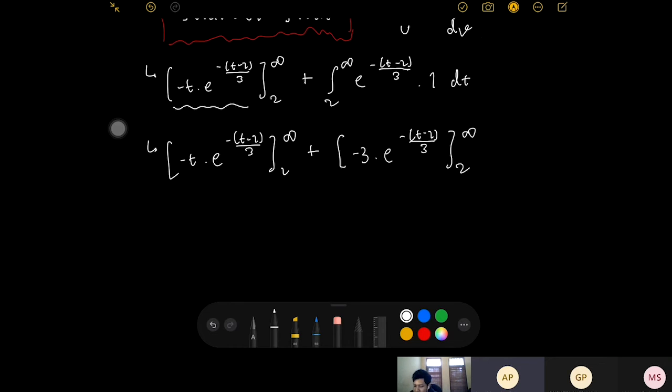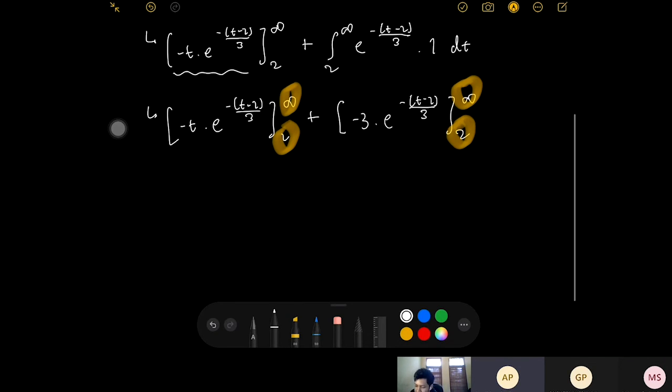By inserting the values 2 and infinity into this function, we can obtain the end result. And don't forget that in the exponential, e to the power of minus infinity equals 0 and e to the power of 0 equals 1.